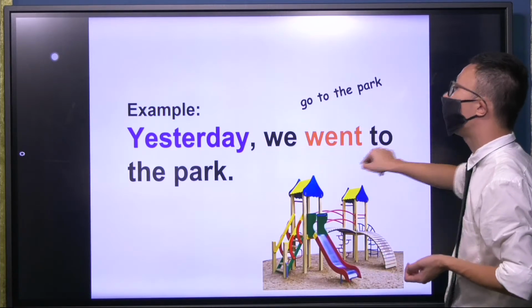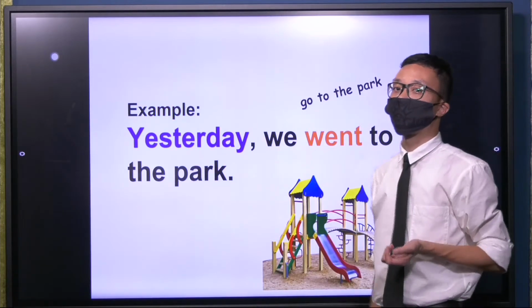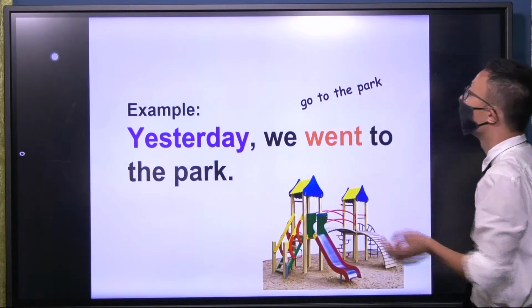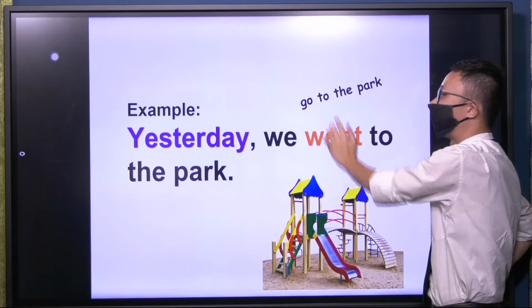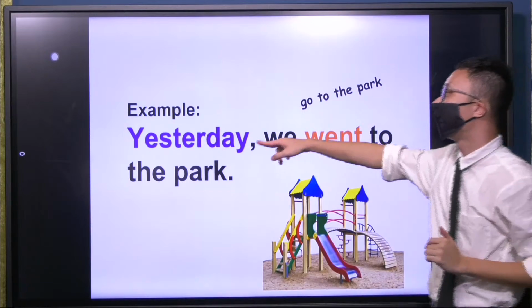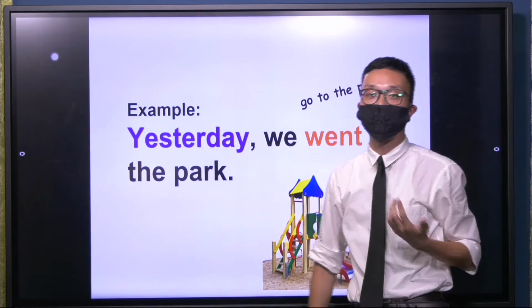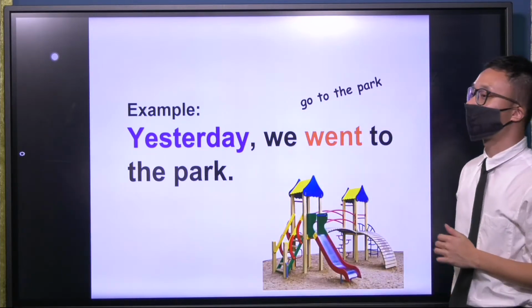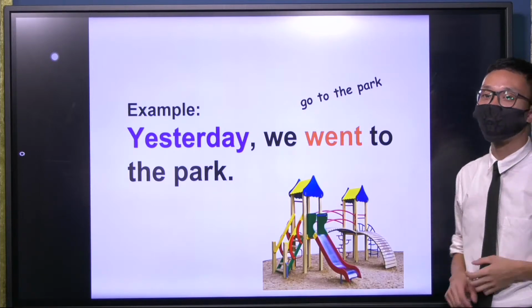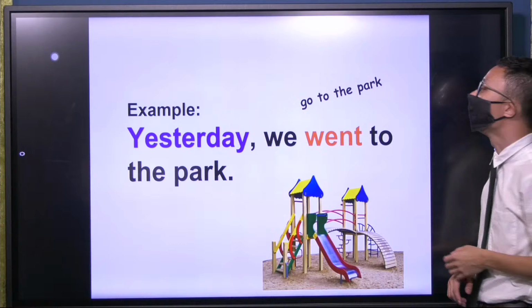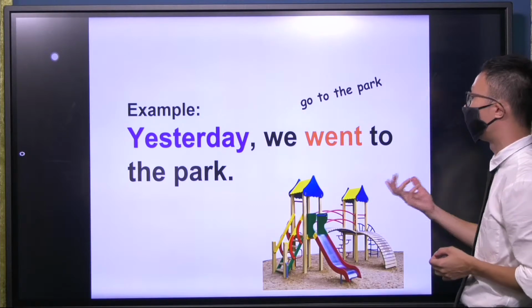Here's an example. Yesterday, we went to the park. If this is present tense, we say go to the park, right? And then we change the word go into went. That's the past tense. The word yesterday gives you a clue about which tense you are supposed to use in the following sentence.